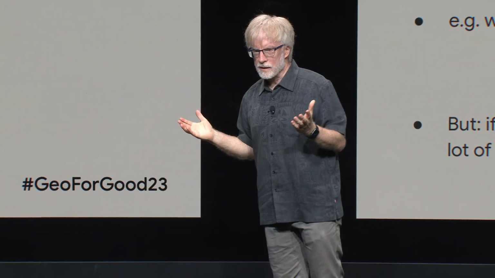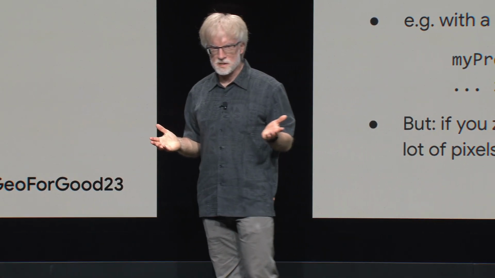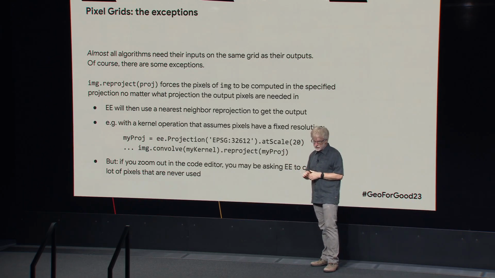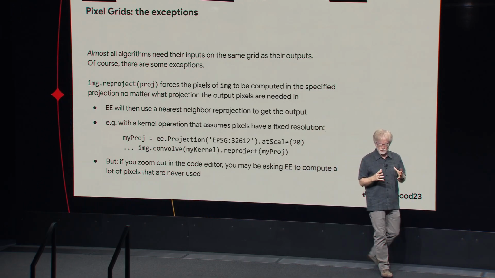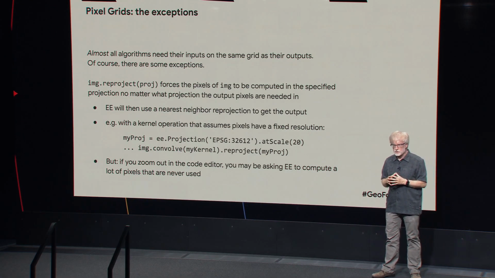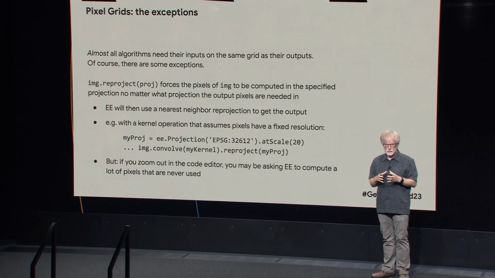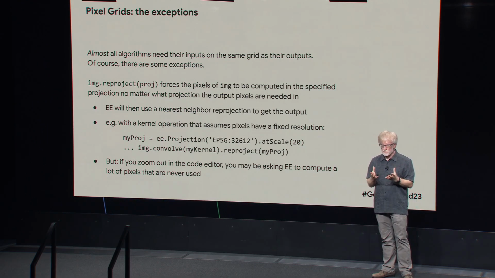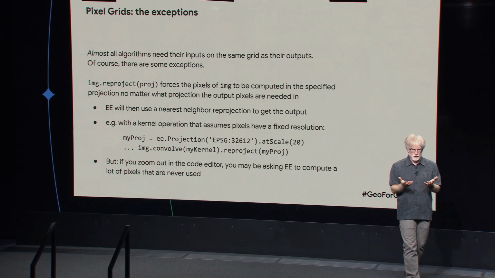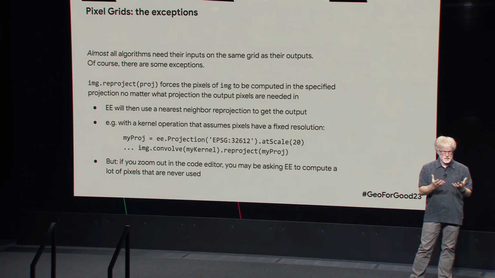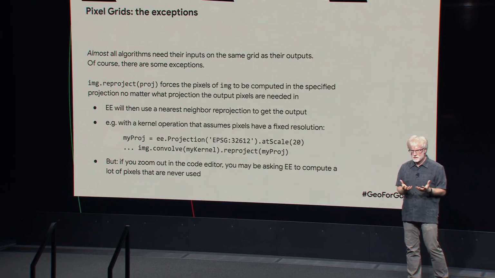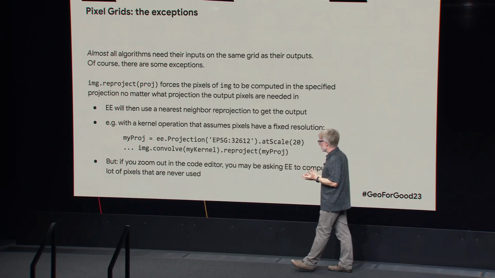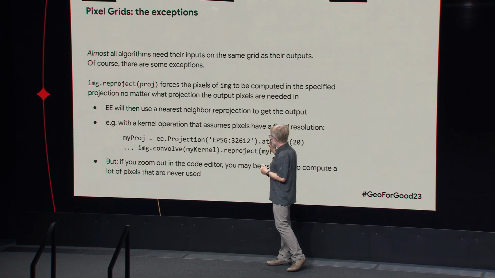You might ask, why would anyone ever want to force the projection? The usual case is something like a pixel convolution algorithm. If you're doing a kernel convolution on pixels, often the kernel will only produce the right results if it's working at a particular resolution. If you've got a kernel that's trying to recognize particular kinds of features or objects, you may have designed that kernel to work at 20 meters, and so you write something like this.